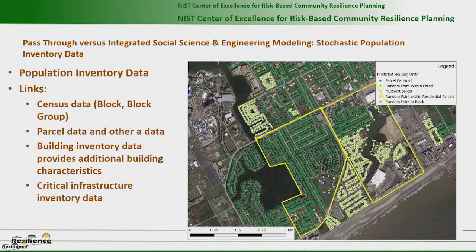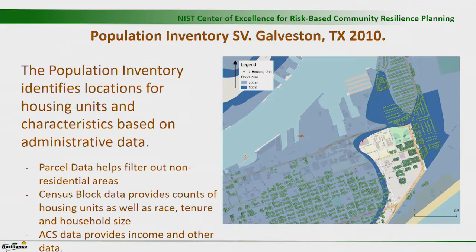What we're doing in NCORE, though, is dramatically changing the nature of that through the creation of population inventory data, linking together census data, parcel and other administrative data, the building inventory data, which is utilized to better understand the likely fragilities, as well as critical infrastructure data.